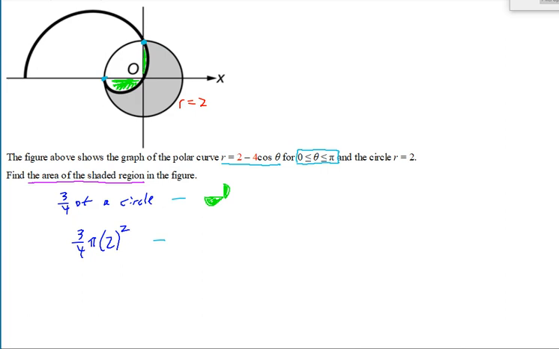So let's start by substituting some easy angles in there and see which points they give us. Because either this is the starting point here or this is the starting point here. So let's try substituting in theta equals 0. You get r equals 2 minus 4 cosine of 0. But cosine of 0 is just 1.